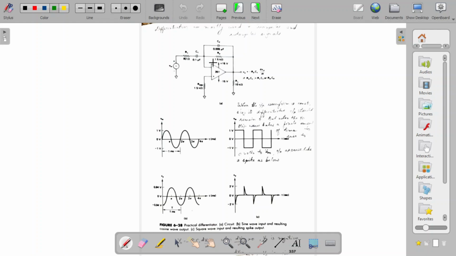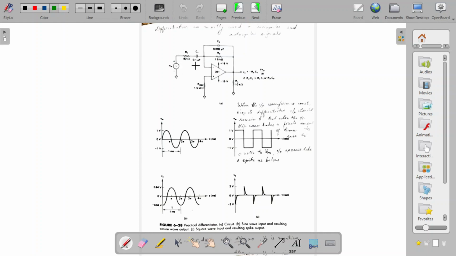So we said that in a basic differentiator there are some circuit problems. The limitation is that the circuit is very susceptible to noise signals. The other thing is the gain is unstable.